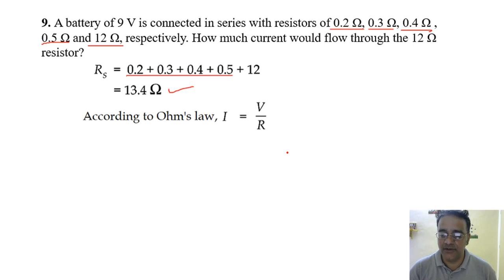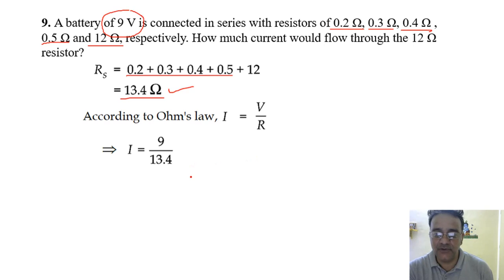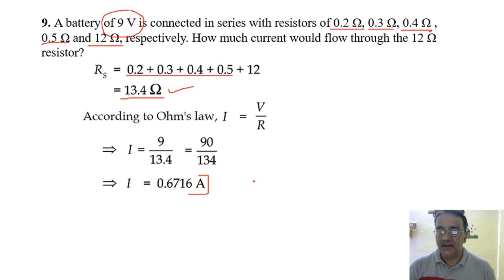I is equals to V by R. So voltage is 9 volt upon the total resistance 13.4. So 9 upon 13.4 is approximately equals to 0.6716 ampere.